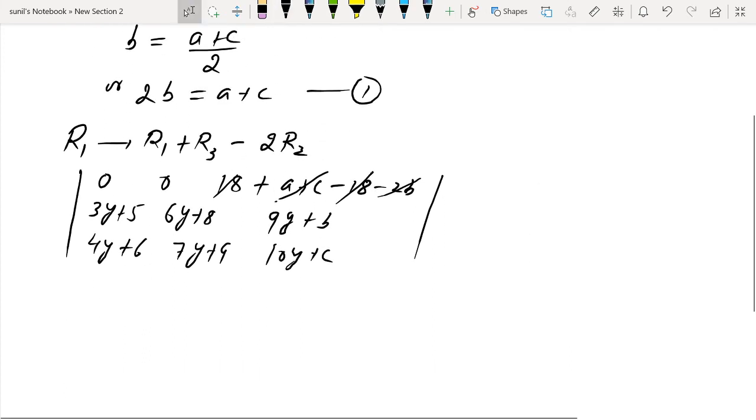Now in this determinant the first row becomes 0, so hence the value of this determinant is 0.